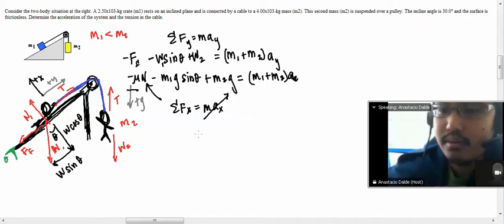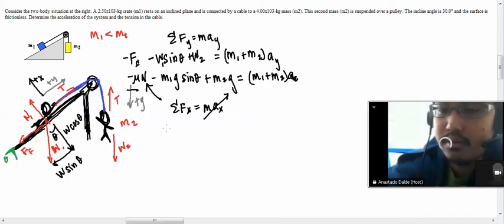Alright, let's add up all the forces you see in the x direction. What do we got? Isaac, which force do you see in the x direction?